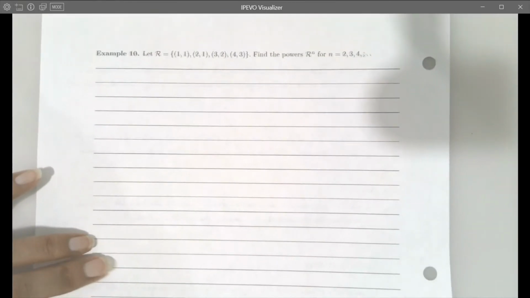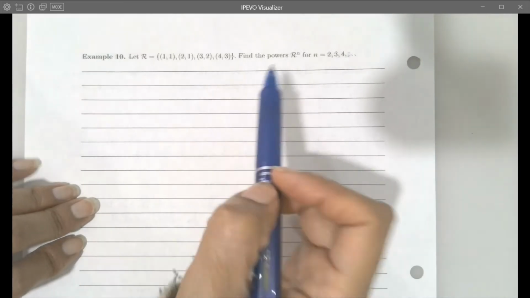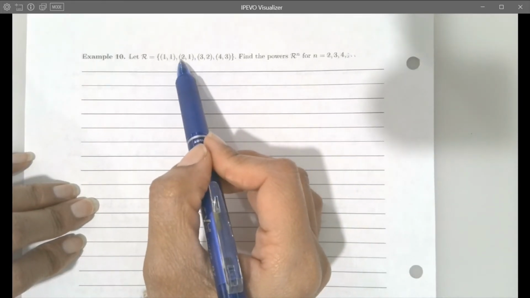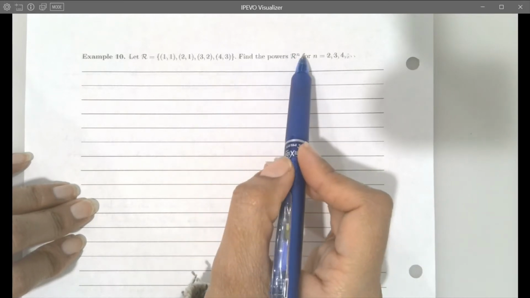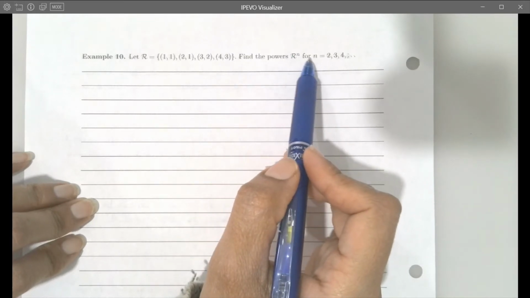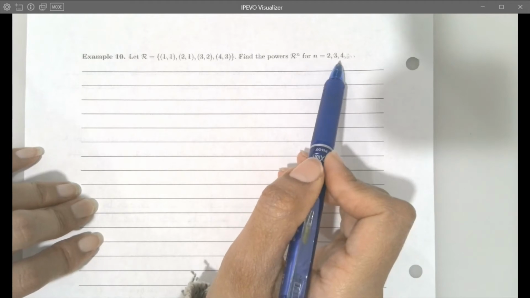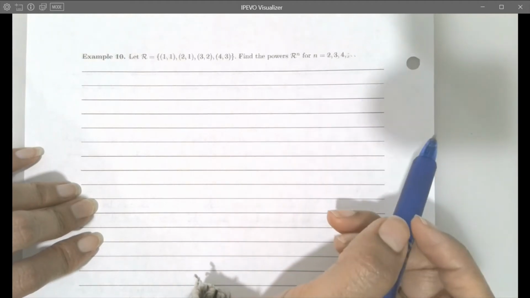And so we're actually going to exemplify that with the next set. R is the relation with elements 1, 1, 2, 1, 3, 2, and 4, 3. And they're asking us to find the powers of R to the n for n being 2, 3, 4, and anything greater.